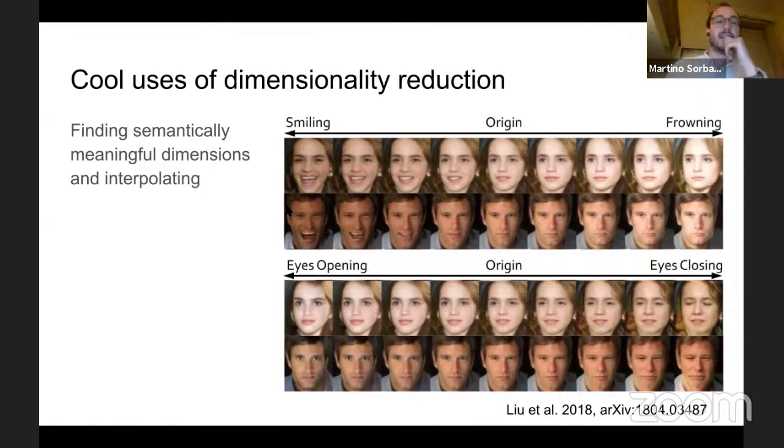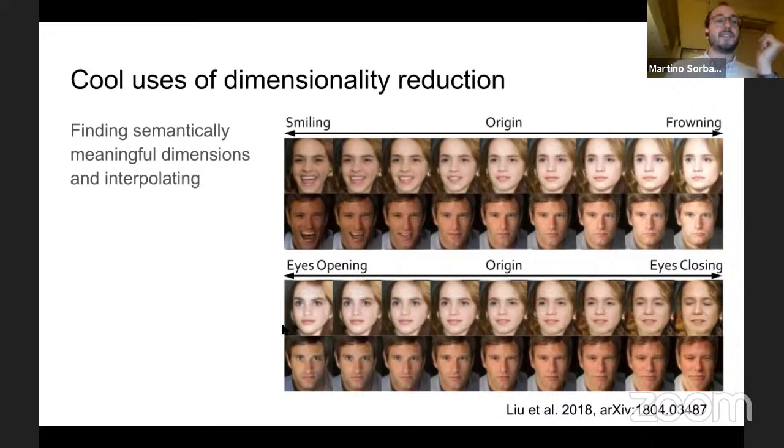So this lets you do this kind of magic, because then in that nonlinear low dimensional subspace, the embedding in the language of machine learning, you can explicitly build directions like smiling versus frowning, eyes opening versus eyes closing.